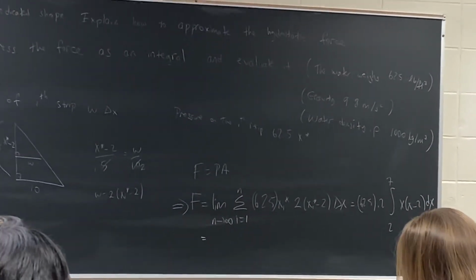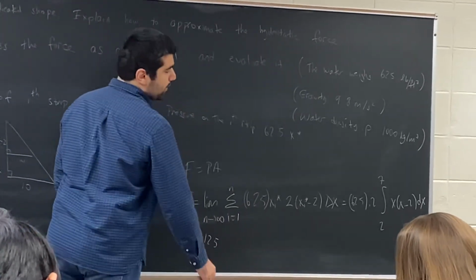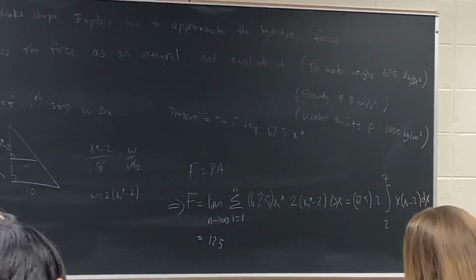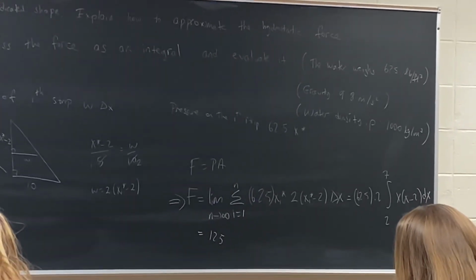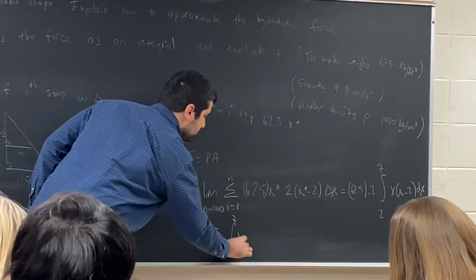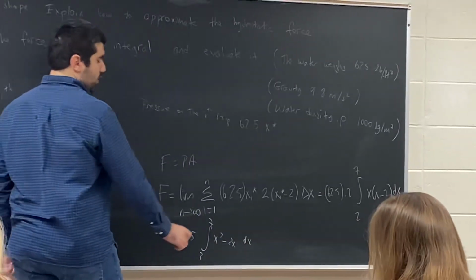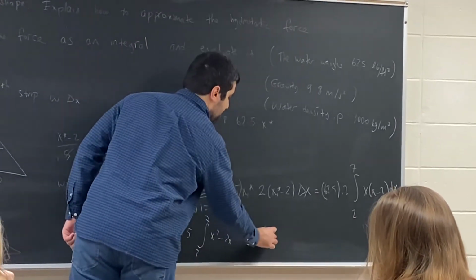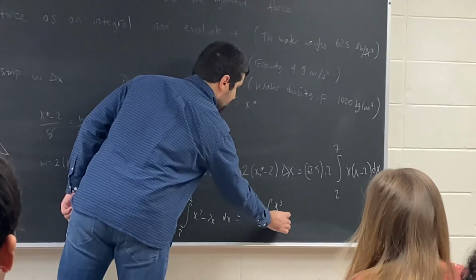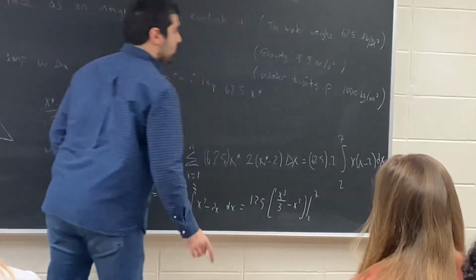So we'll have 125 outside the integral. And if you distribute x over x minus 2, we would get x squared minus 2x. And if we integrate x squared and 2x, we would have x cubed over 3 minus x squared from 2 to 7.